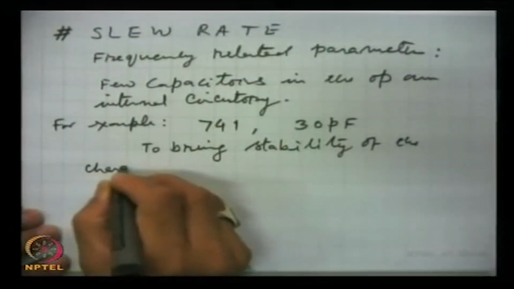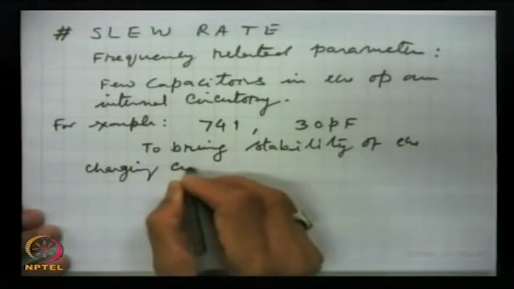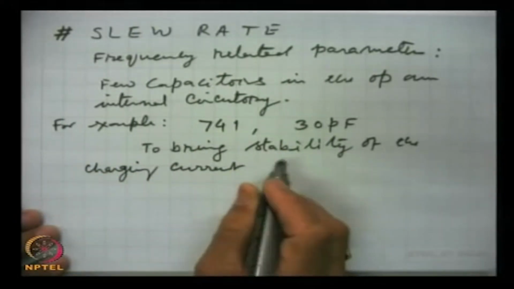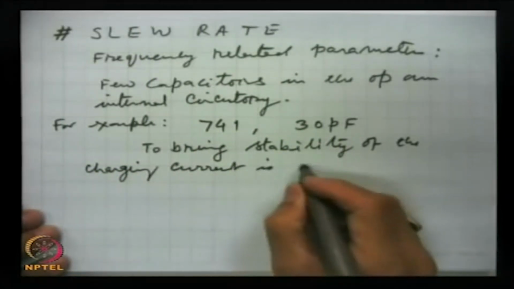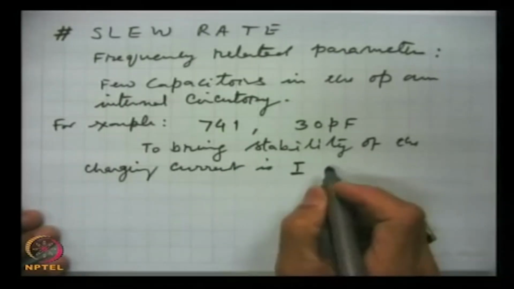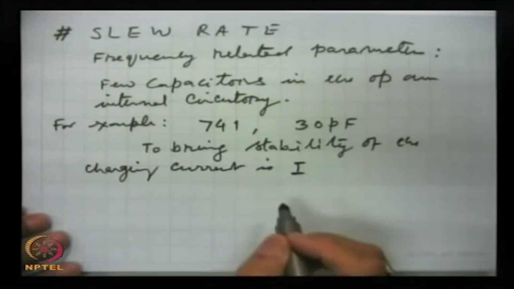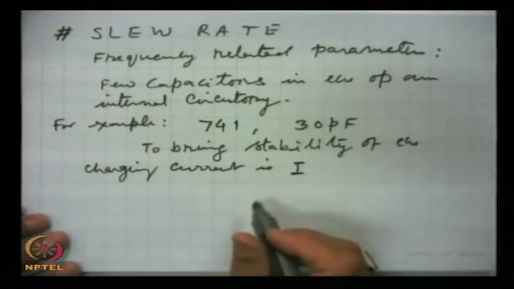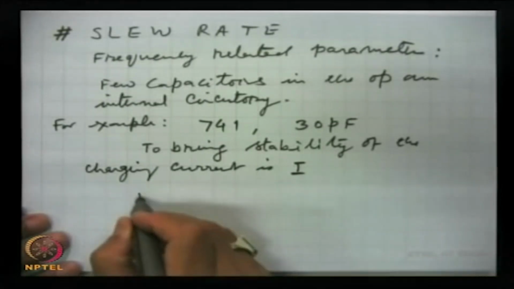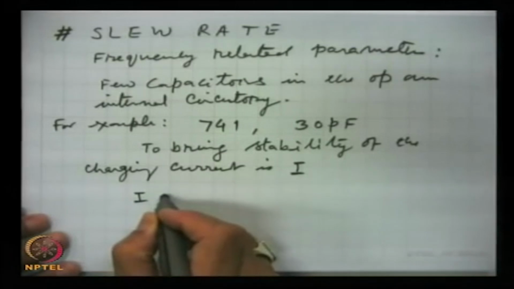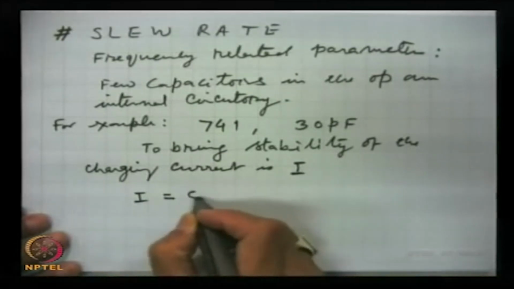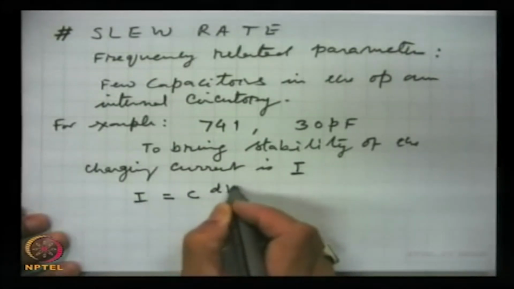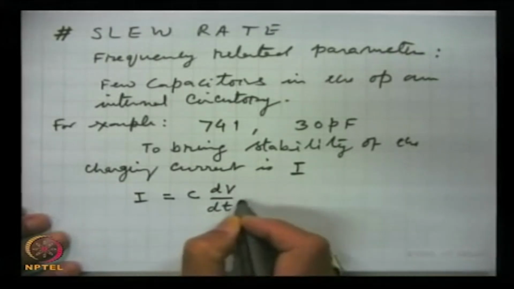Now, if the charging current is I, then the capacitor C will have a rate of change of voltage I equal to C dV by dt.